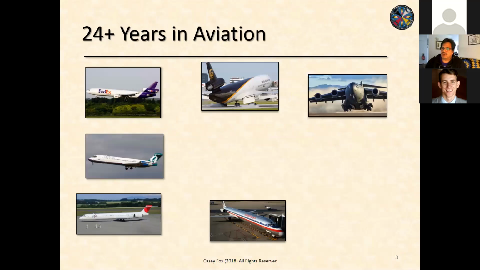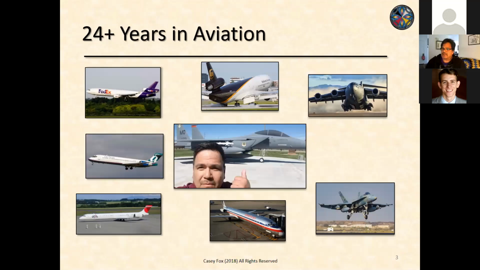I've had the opportunity of working with a variety of commercial aviation customers, in addition to my more recent role, which involves the Kuwait military. The lower right-hand corner, which is F-18, that's landing. But I have a well-balanced experience level in aviation, both the commercial side and the military side.